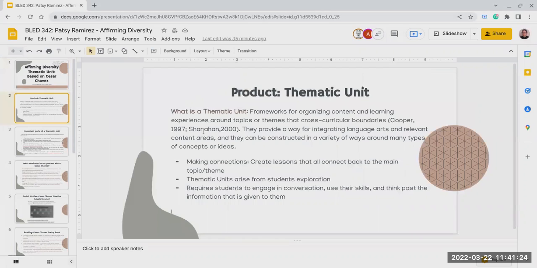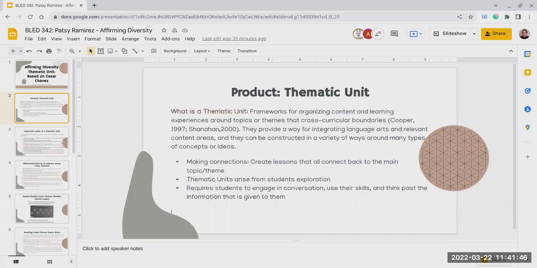Our project would be a thematic unit, which is when you create a lesson or lessons around a main idea or theme. You would then expand the lesson by adding various subjects such as language arts, social studies, history, or anything you feel you should add to this lesson.